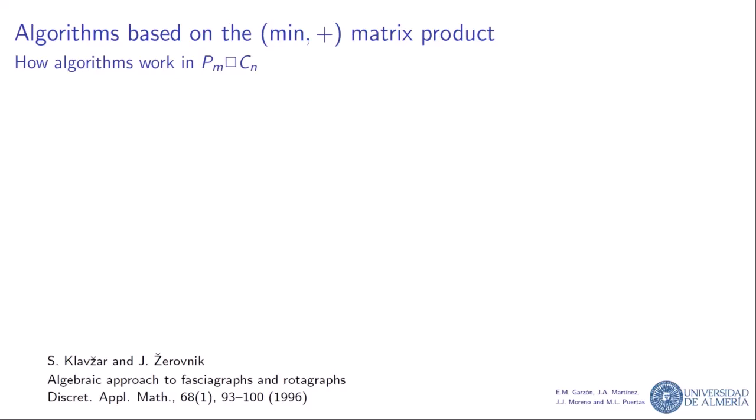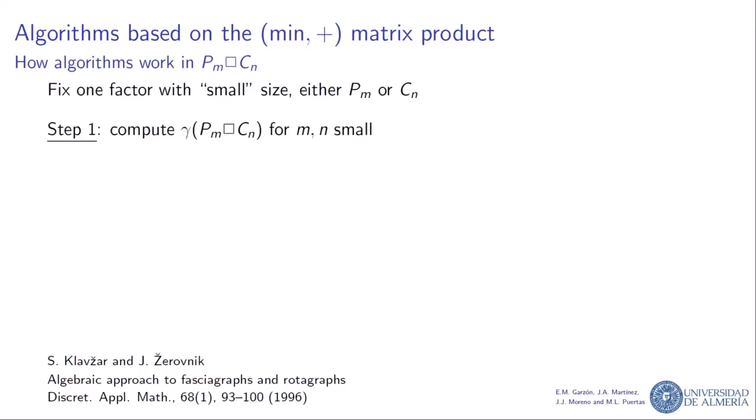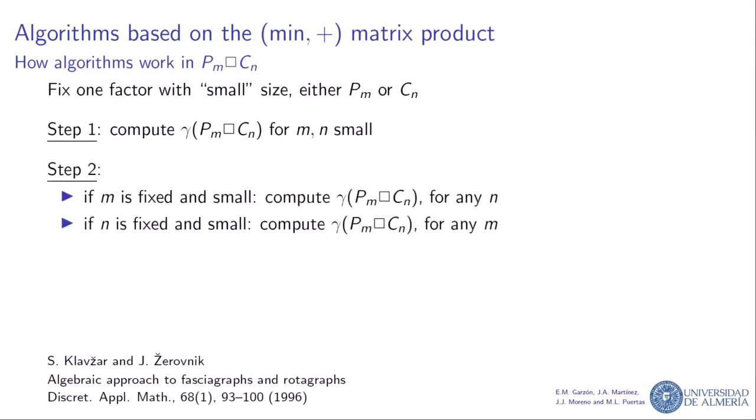I'm showing a sketch of how these algorithms work. For instance, in a cylinder, you have to fix one factor with a small size, either the path or the cycle. In a first step, you compute the domination number of the cylinder with this fixed factor and also the other factor small. And in a second step, if you fix the path, then you can compute the domination number of the cylinder P_n C_m with this fixed path P_n and any cycle.